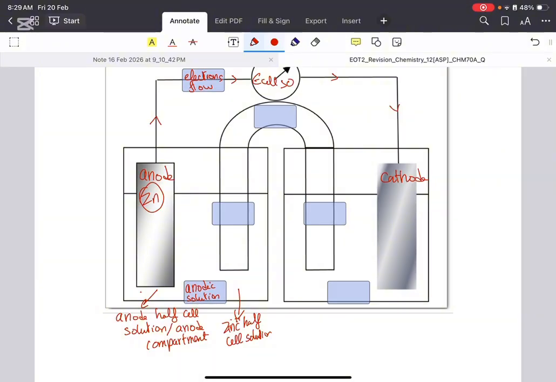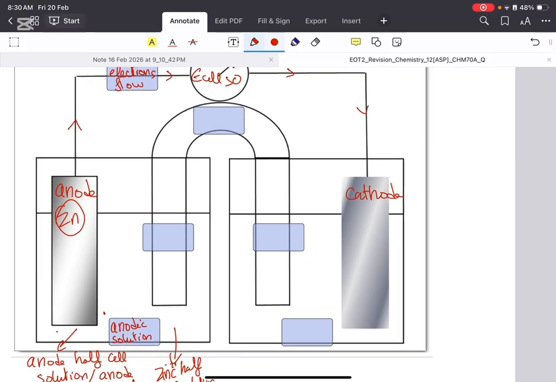Okay, so one of the mistakes that students make in the exam, when we ask them what is this over here, they will say anode. No, this is the anode. Anode is an electrode. If you want to refer to the solution, you can say anodic solution, or the solution in which the anode is immersed, or the anode half cell solution, but do not just say anode.